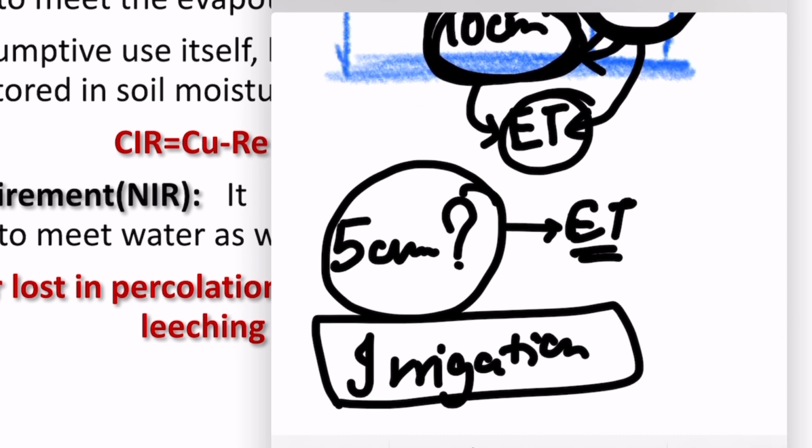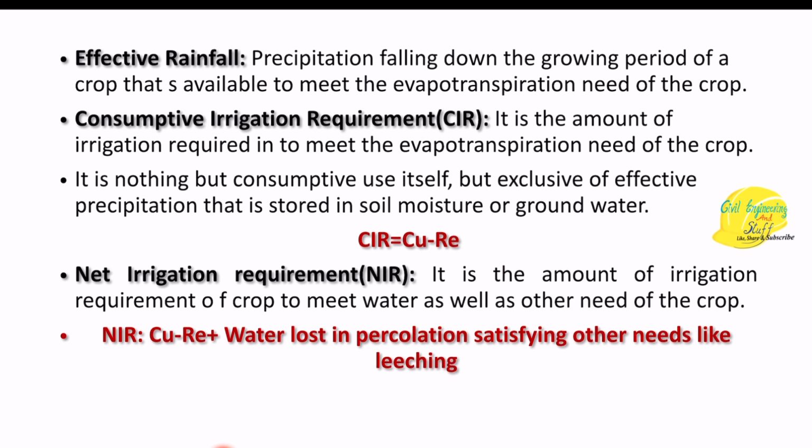Correct. So this consumptive irrigation requirement is this extra quantity of water that you are supplying through irrigation to fulfill the consumptive use of the crop, or the evapotranspiration need of the crop. All right, it is the amount of irrigation required to meet the evapotranspiration need of the crop. Part of the evapotranspiration need was fulfilled through effective rainfall, but the crop still required some more water.